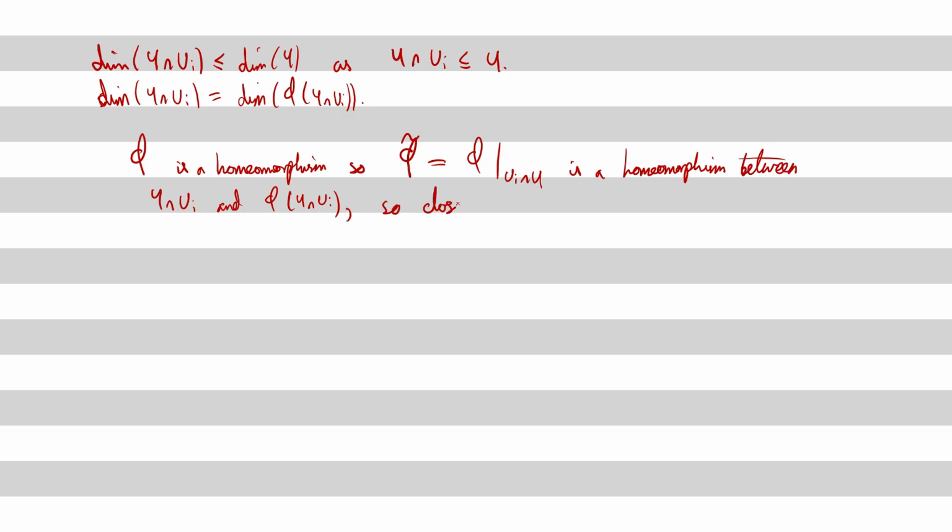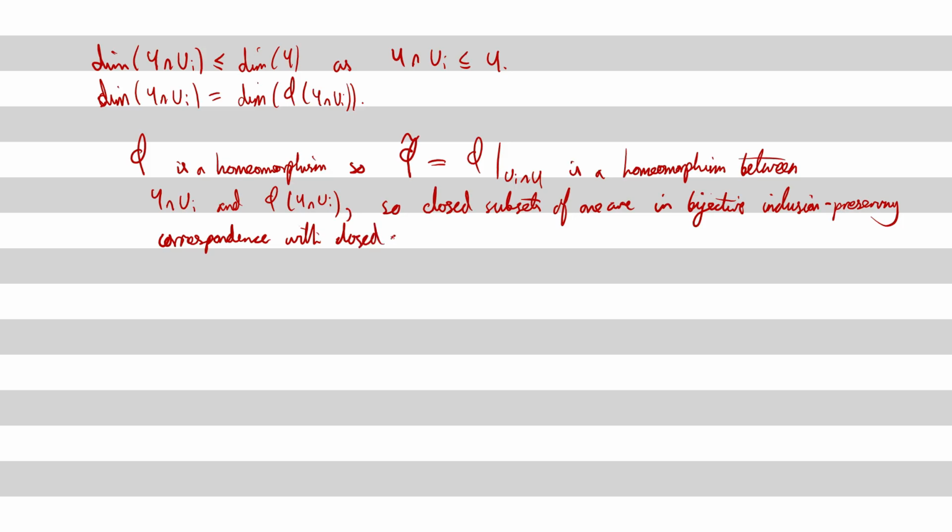So closed subsets of one are in bijective inclusion preserving correspondence with closed subsets of the other.